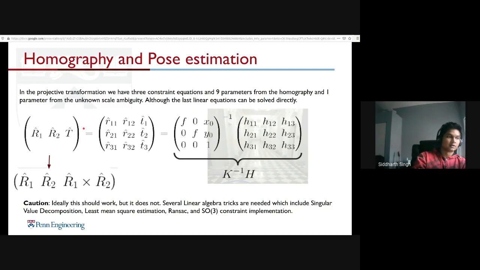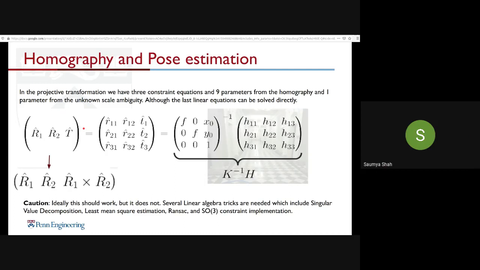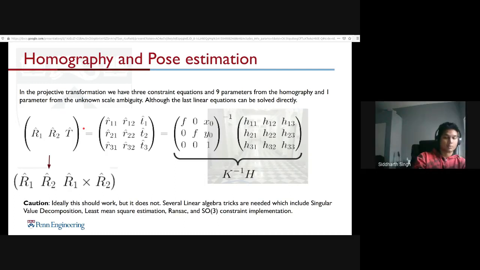If any of you have taken geometrical vision 521, 23, I don't remember exactly, the rotation matrices lie on the SO3 Lie space, and the specific property, which is actually in the name, is that it is the special orthogonal group 3, which means that the three columns of the matrix are orthogonal to each other, right?